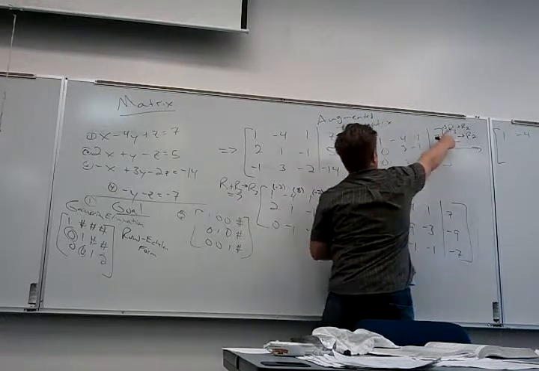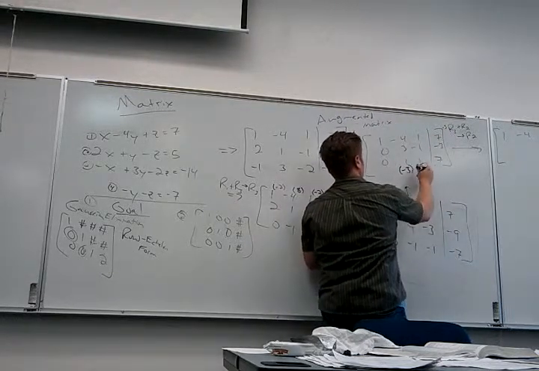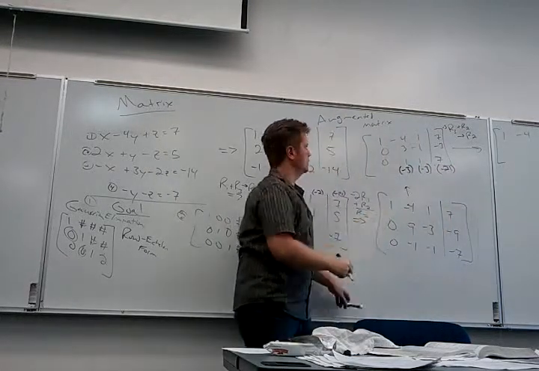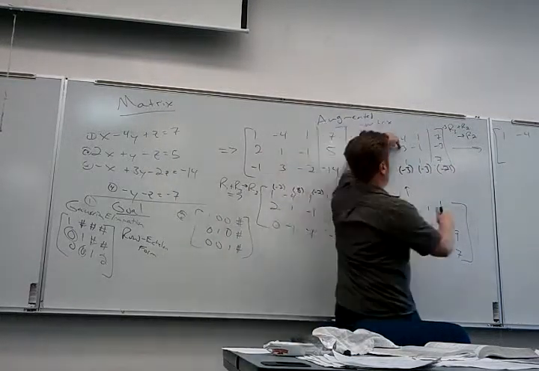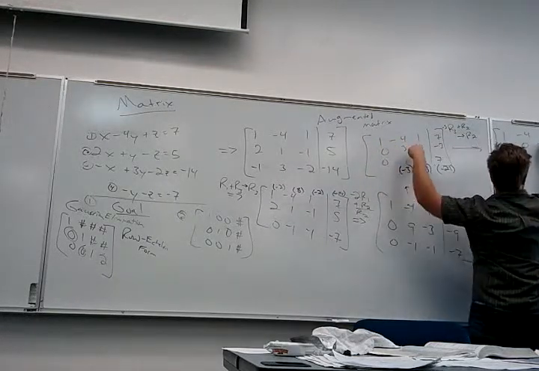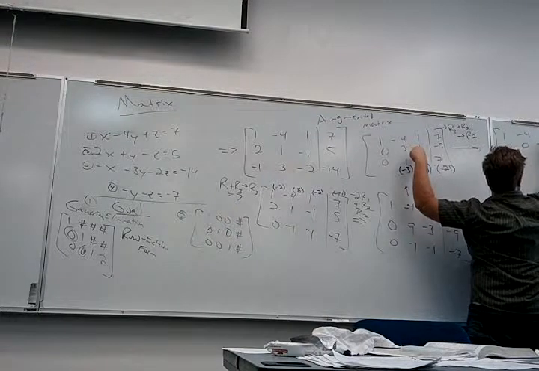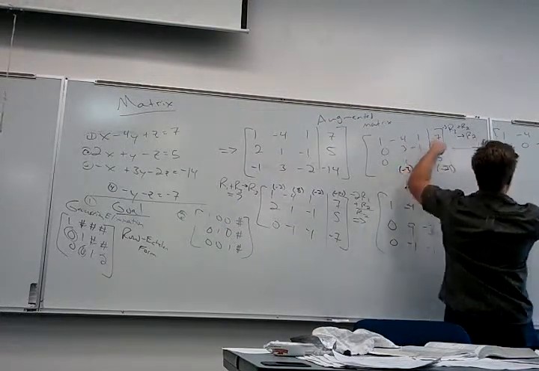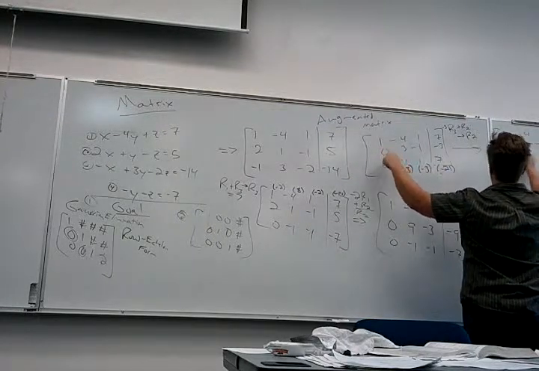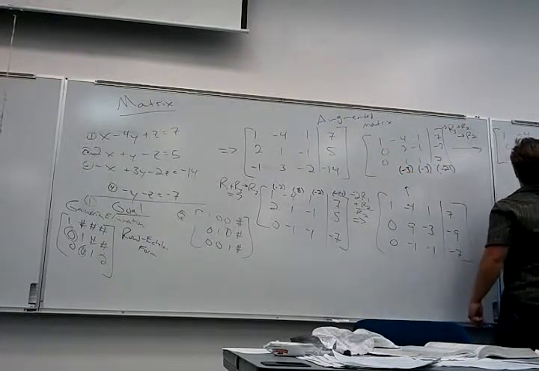So now I want to multiply by negative 3. And add it. So negative 3 plus 3, 0. Negative 3 minus 1, negative 4. Negative 21 minus 3. And then this stays the same, 0, 1, 1, 7.